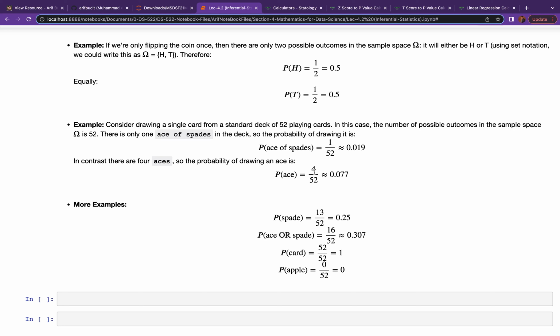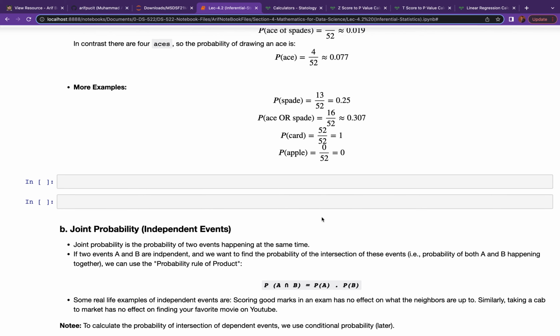Similarly, the probability of drawing a card being ace or spade is 16 over 52, because in this example the favorable outcomes are 13 cards of spade plus 3 additional aces of clubs, diamonds and hearts. So it makes up 16 over 52. Please go through these examples before moving ahead.